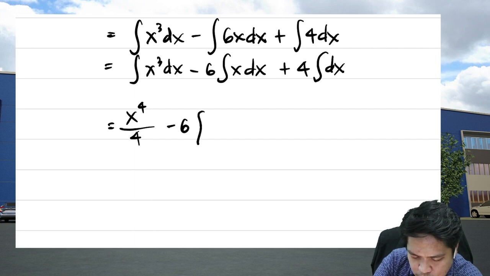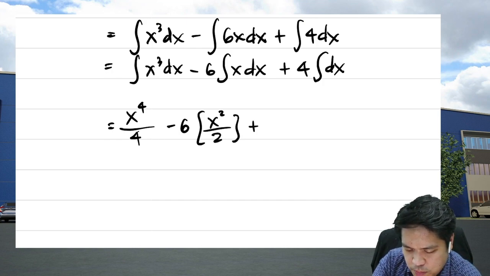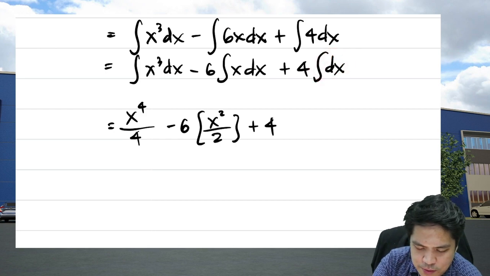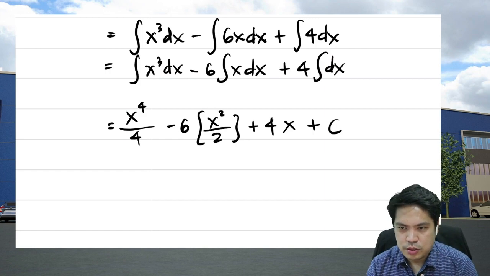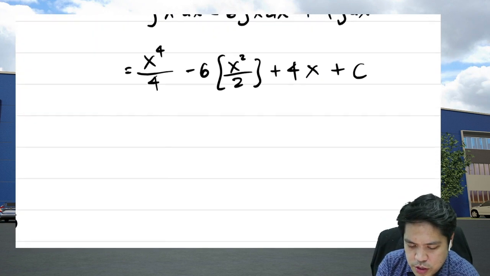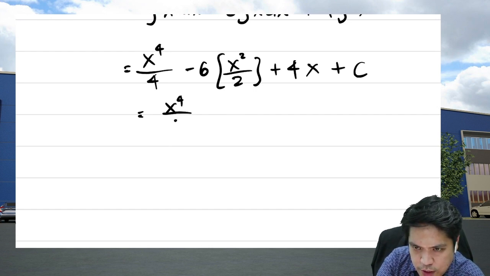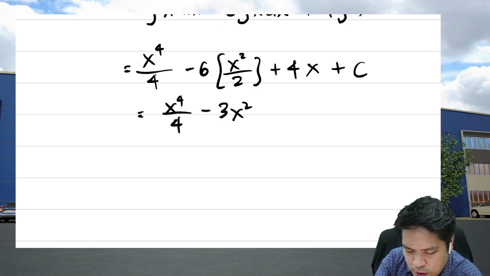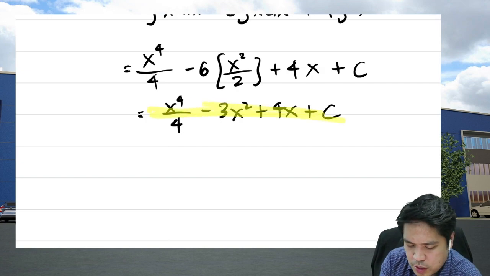So that would be x squared over 1 plus 1, 2. Then plus 4 times, of course, the integral of dx, this is just x. Then you combine the constants of integration into one constant of integration c. So our answer here is x raised to 4 over 4, minus 6 over 2 is 3x squared plus 4x plus c. So this is now our answer.